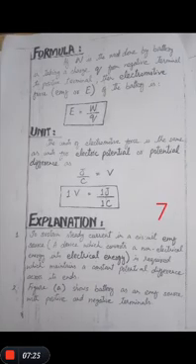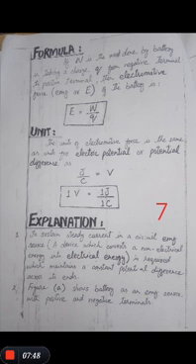If W is the work done by the battery in taking a charge Q from negative terminal to the positive terminal, then electromotive force EMF or E of the battery is E is equal to W divided by Q, where W is the work done and Q is the charge.